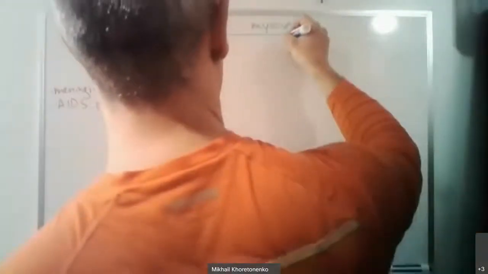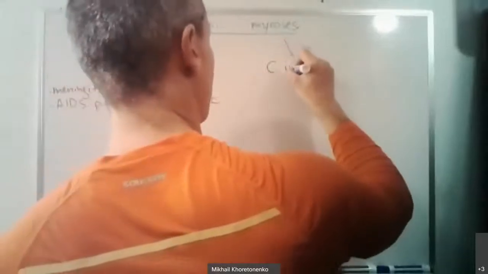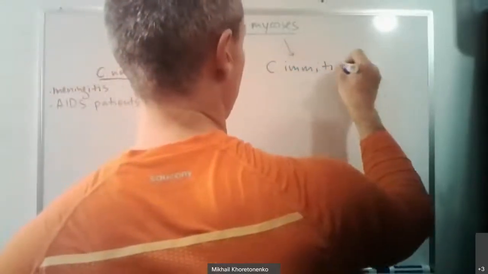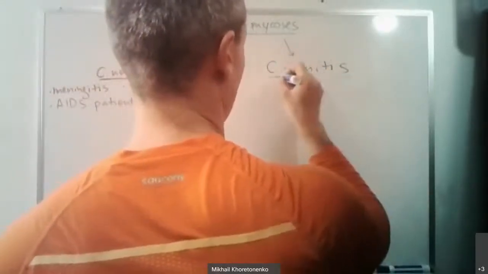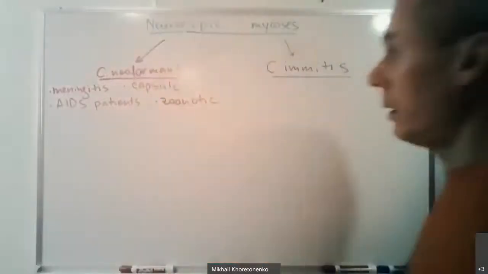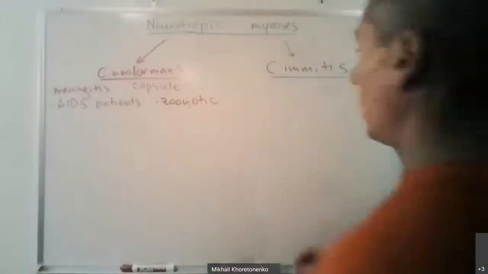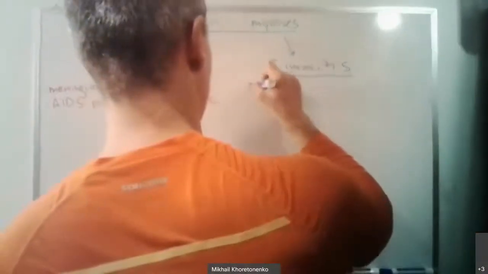The second species is Coccidioides immitis. Coccidioides immitis can cause meningitis as well.